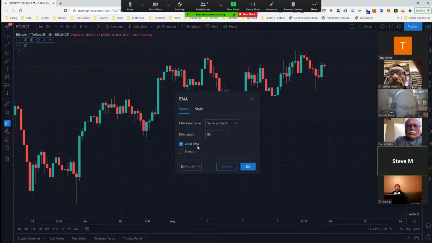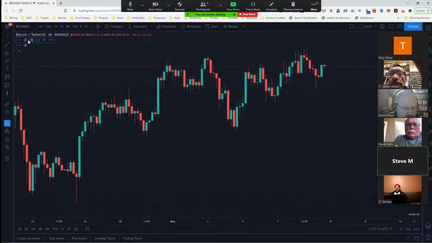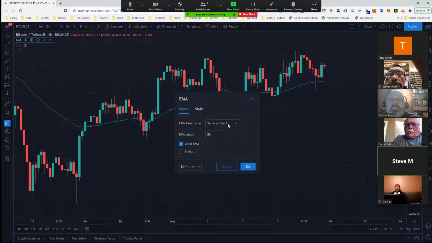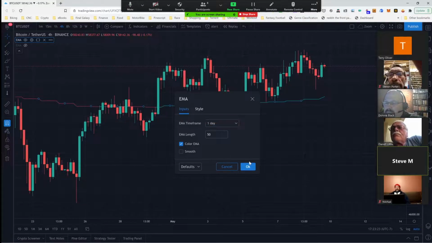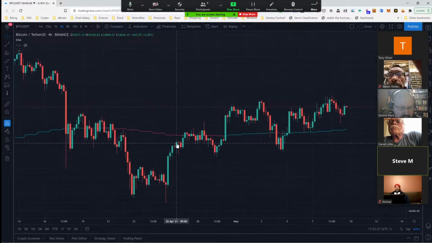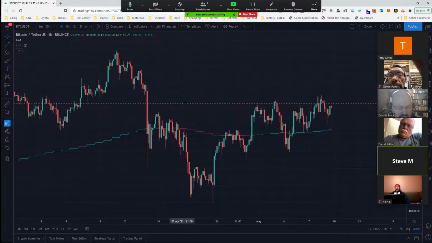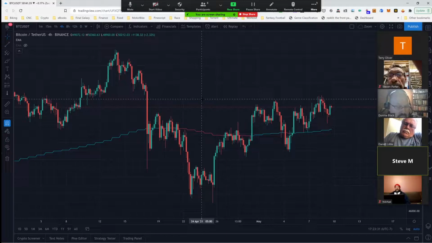If you plop that on your chart, it's really close. Let me set it to the day chart. There we go. The 50-day EMA is really good. It aligns very closely with my standard method for determining trend.